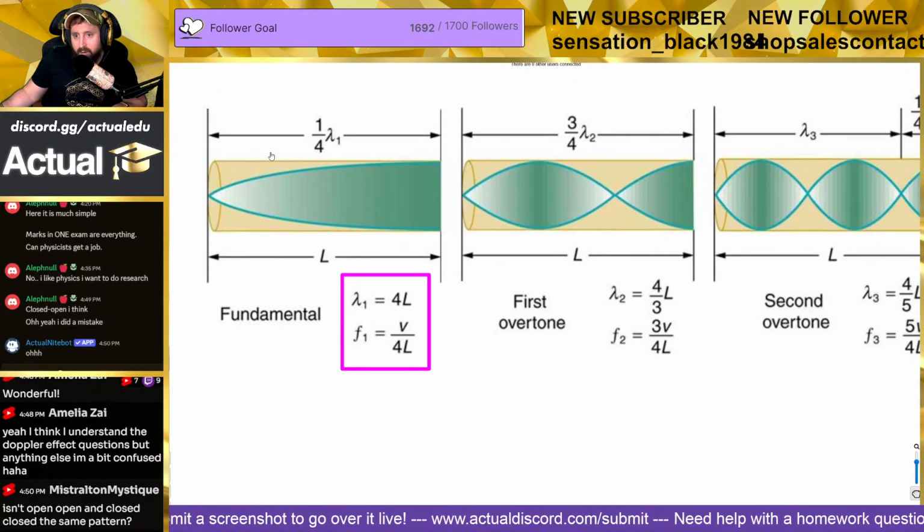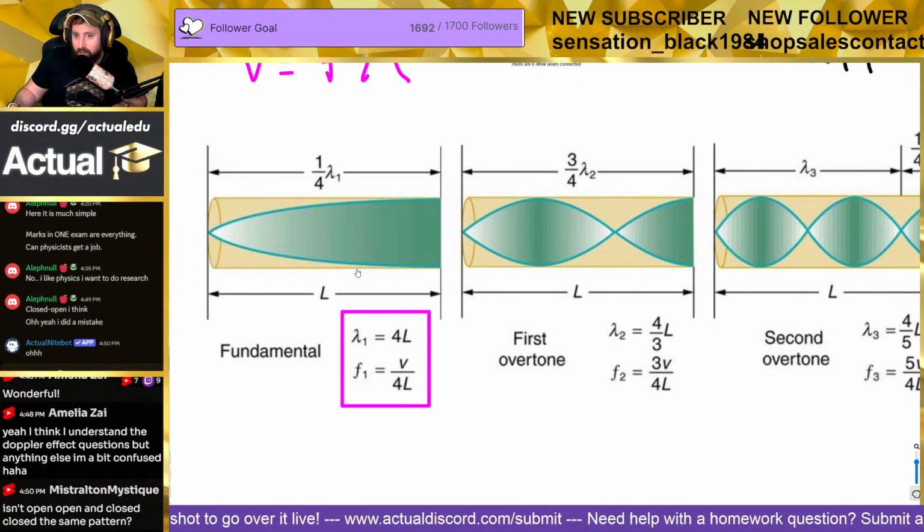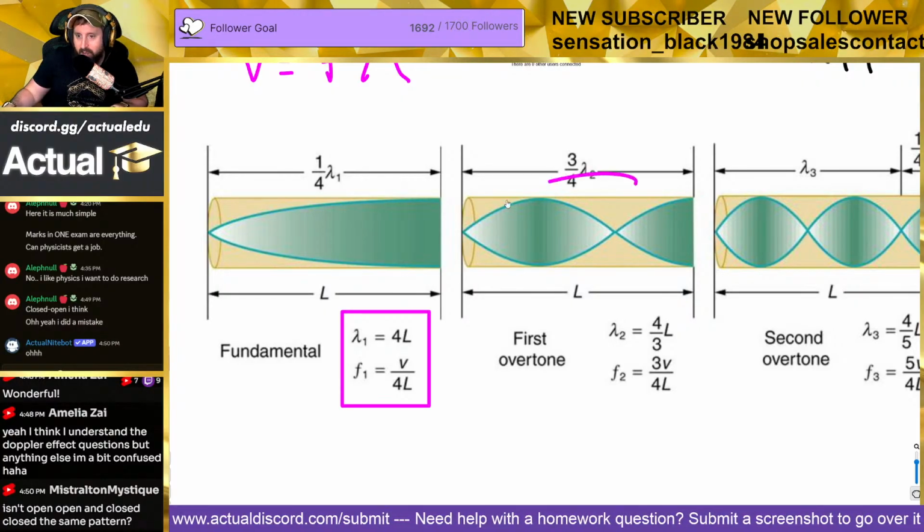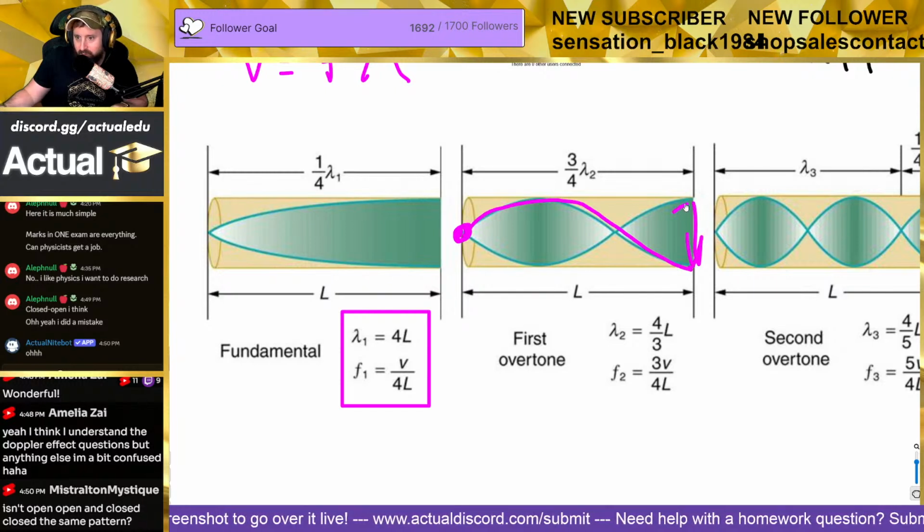All right. If we try to fit more of the wave inside, okay, so here we only tried to fit a quarter of the wave in, and that worked. The next thing I can do is to fit 3/4 of the wave in, because now I can have it do this. Again, it has to have a node here and an antinode here, or like a max.